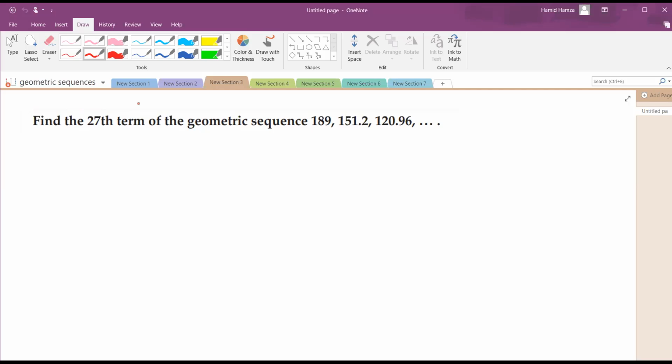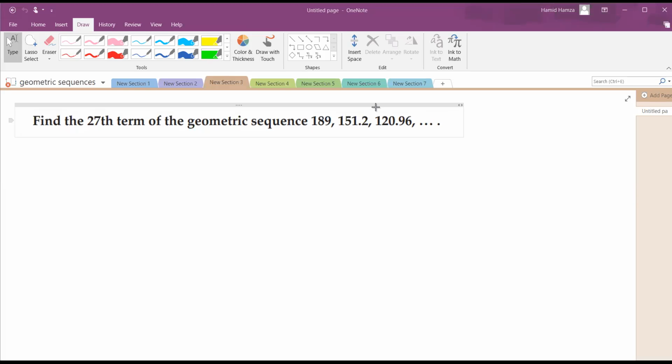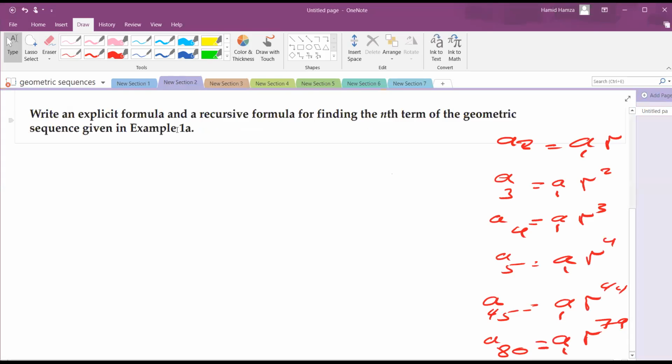the explicit formula and the recursive formula. So let me take this part for this question. Like this. What if I wanted to write the explicit formula and the recursive formula for this sequence? Okay.